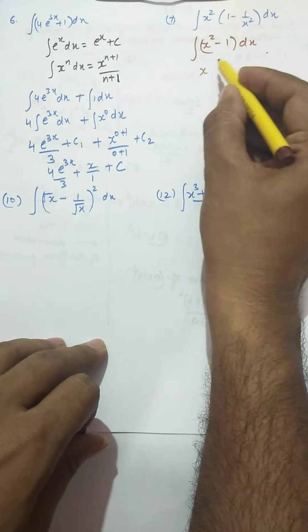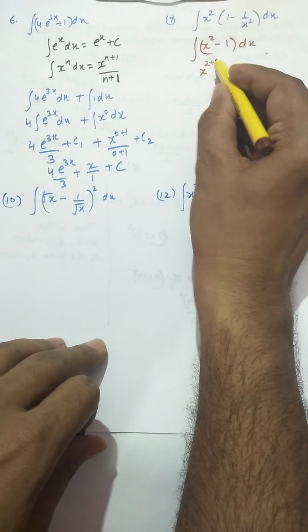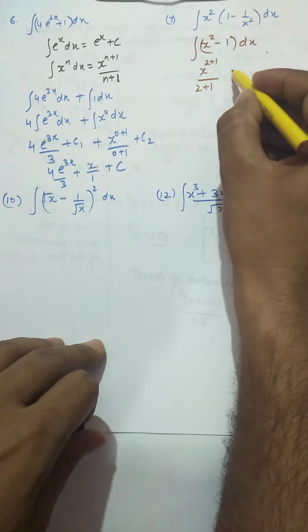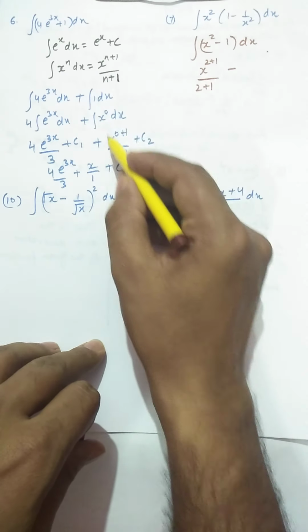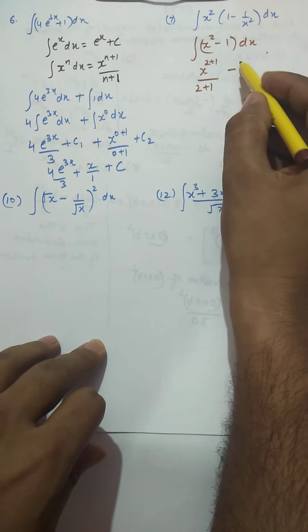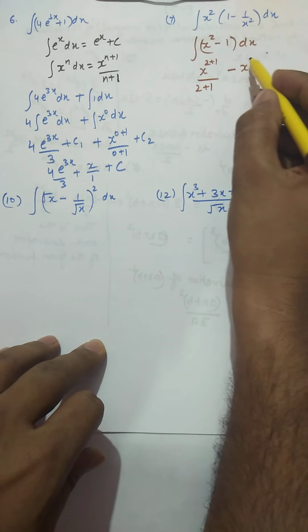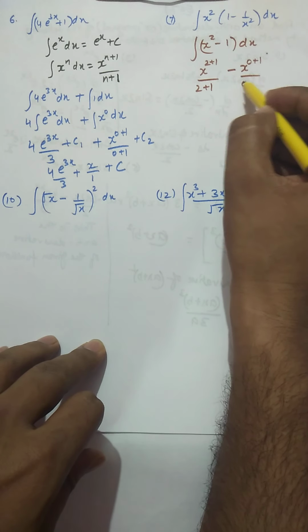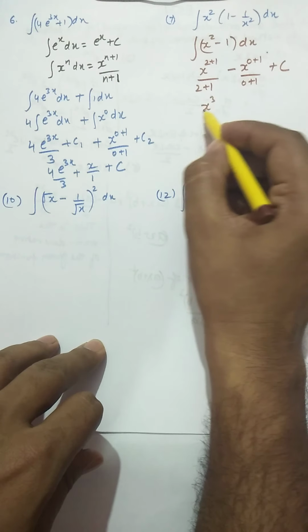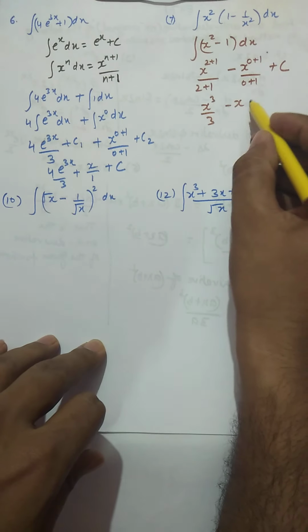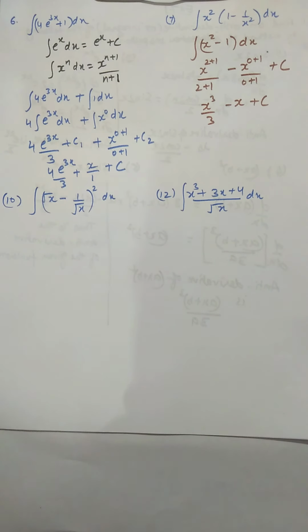For x square you apply the power rule, then this is x^(2 plus 1) upon (2 plus 1), and minus 1, you know that the integration of 1 was x. So here you can write that directly, or you can think of x^(0 plus 1) upon (0 plus 1), and write that c. So this is going to be x cube upon 3, and this is going to be minus x plus c. So this is the answer.